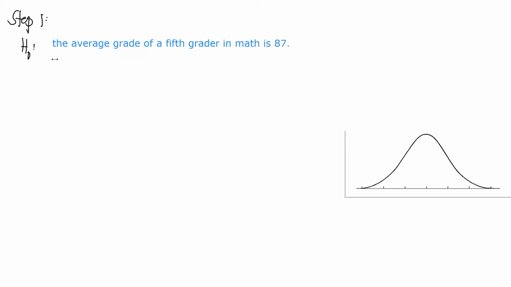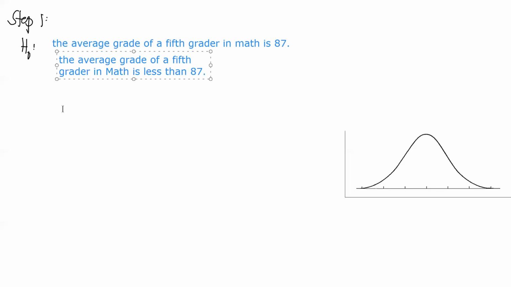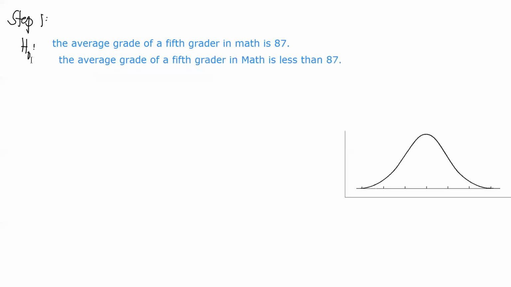And the alternative would be: the average grade of a fifth grader in math is less than 87, as told by the math teacher who argues the statement. So that would be our alternative hypothesis, which is HA.